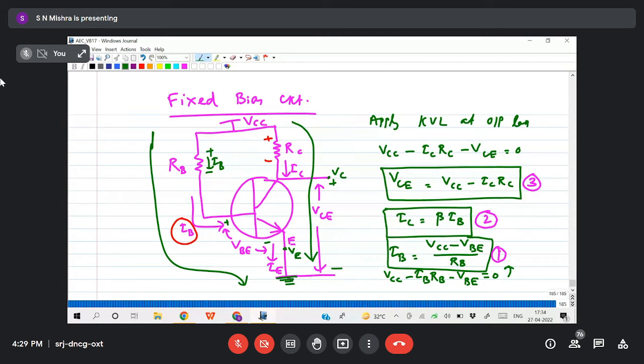So what is the potential? Zero. So VE equals 0. Now VCE is VC minus VE. So VE is 0 means VCE equals VC.